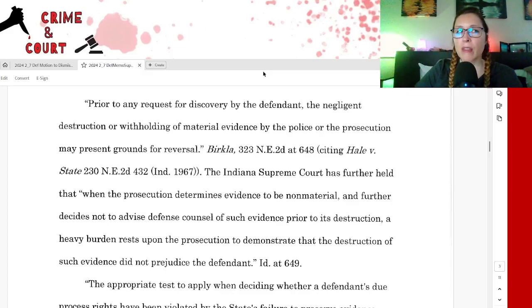But they needed to make this motion to put it on the record and to make sure that Richard Allen's constitutional rights are protected going forward if and when we go to trial, and if and when he is found guilty and may have to appeal his case.